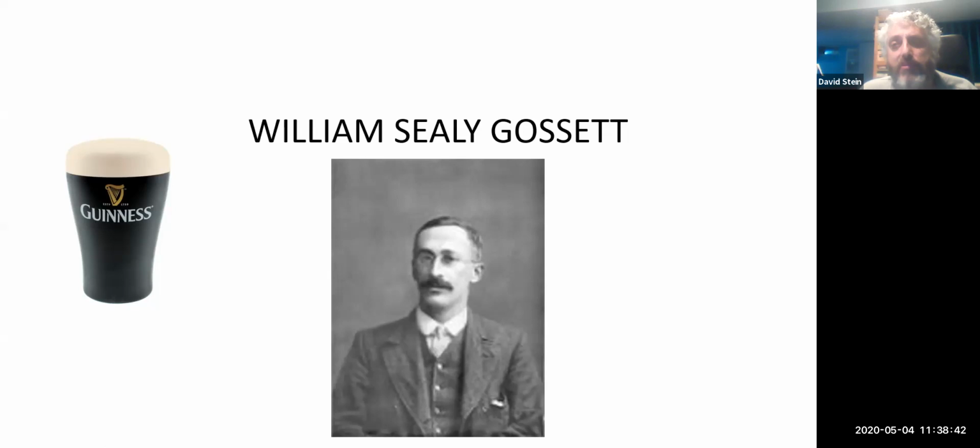And they were really the only, at least the only brewery that was doing this, and they were probably maybe one of the only companies who was actually using science in this way. And so they wanted to get in on this new field of statistics. And so they hire William Seeley Gossett.